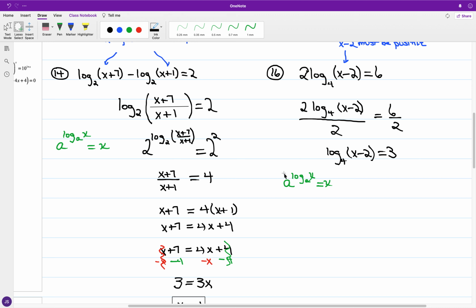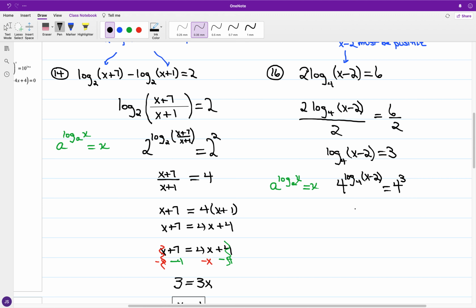So I can take care of the base 4 logarithm by treating both sides of the equation as powers to which 4 will be raised. So we've got 4 to the base 4 logarithm of the quantity x minus 2 is equal to 4 raised to the 3rd power.